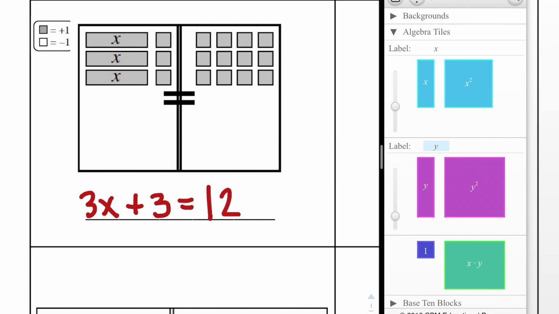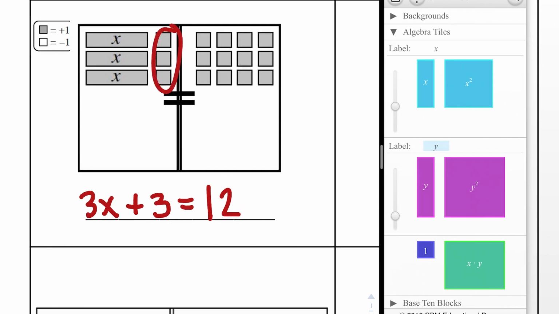In order for me to move all of these ones to this side, we can't just simply move them. We have to bring in matching opposites to both sides. Okay, let me explain it maybe in a different way. Instead of thinking that we're moving it over, we need to make these zeros.